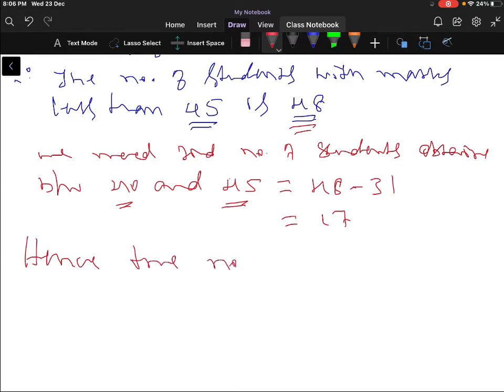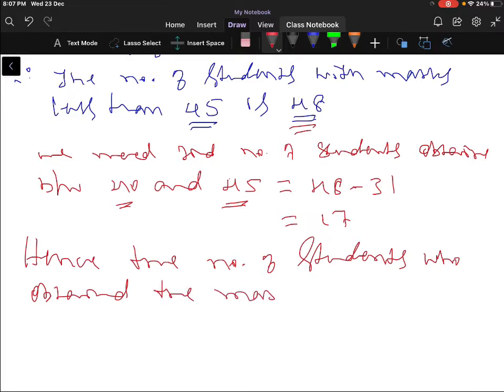Hence the number of students who obtained marks between 40 and 45 is 17.